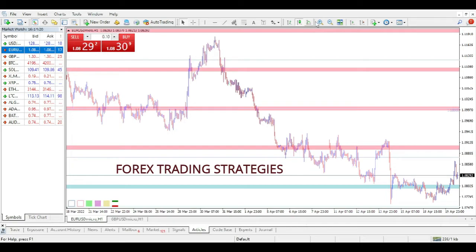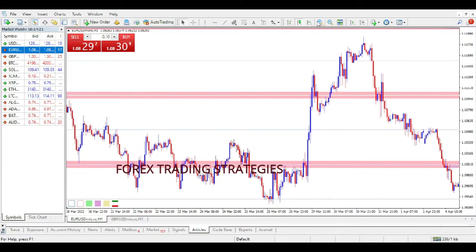Then you also want to pay attention to economic growth data from most of the first world countries, but put special attention to US GDP announcements. These GDP announcements happen quarterly.